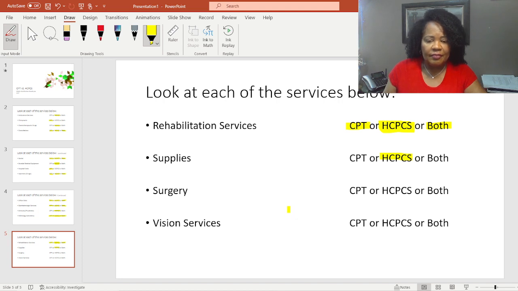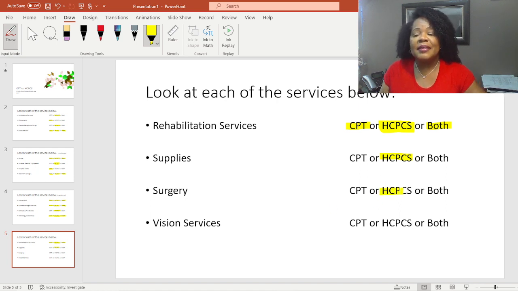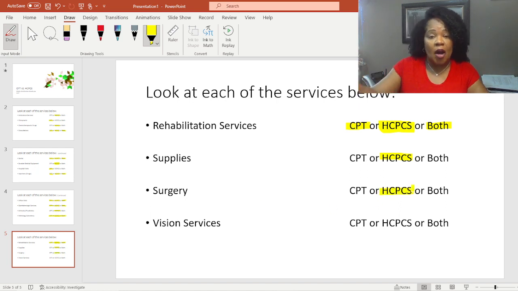The surgery. Surgery is done by licensed MDs, but the HCPCS is for the supplies in the operating room. So I would capture that with CPT and HCPCS, depending on what you're coding for: the hospital for the supplies, or the physician that's performing the surgery, the CPT. And then back to vision services.